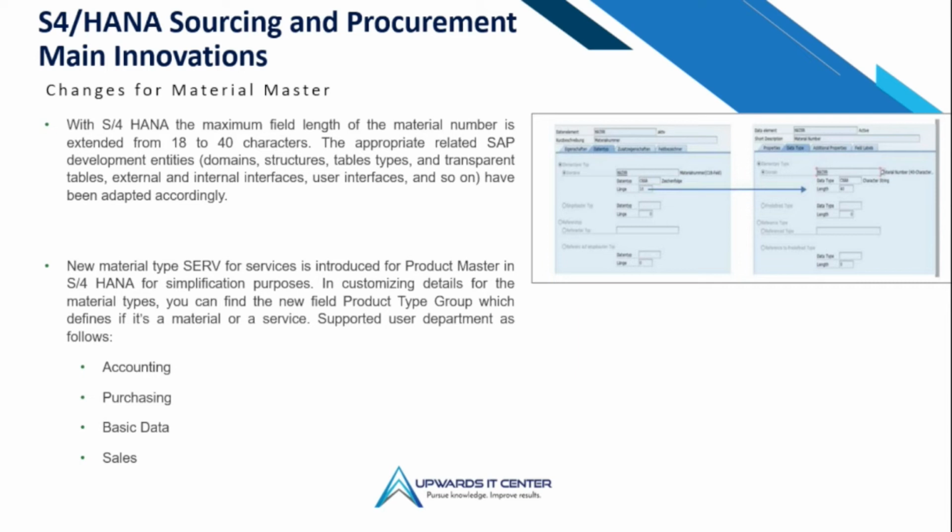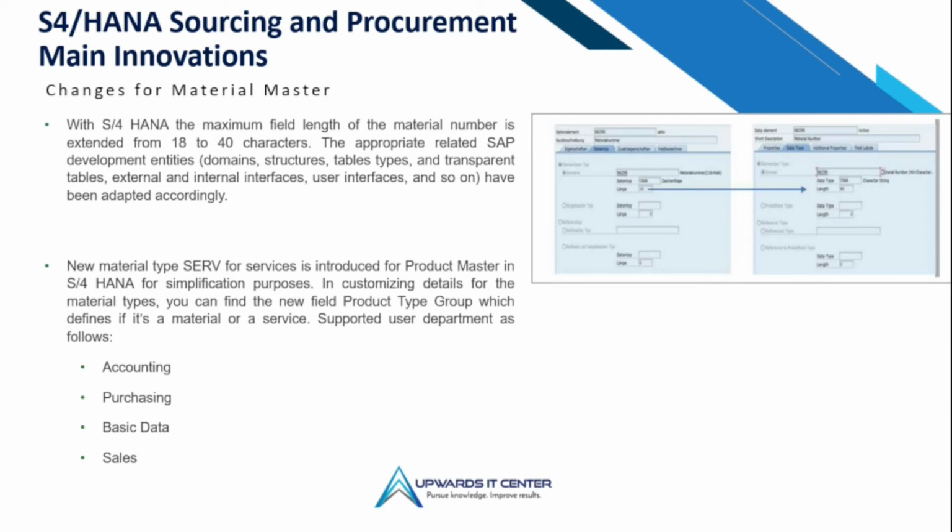The new material type serves for services, introduced for product master in S/4HANA for simplification purpose. In customized details for the material types, you can find a new product type group which defines if it's a material or a service. Supported user departments are as follows: accounting, purchasing, basic data, and sales.